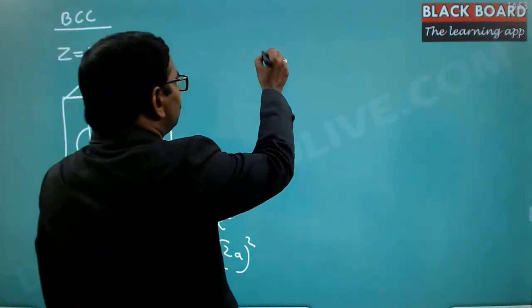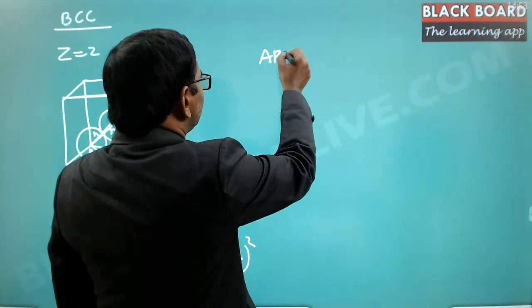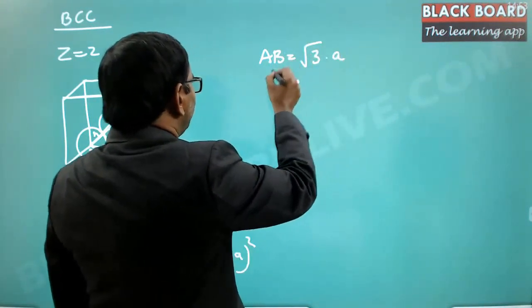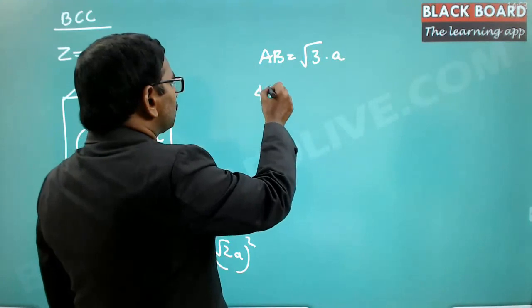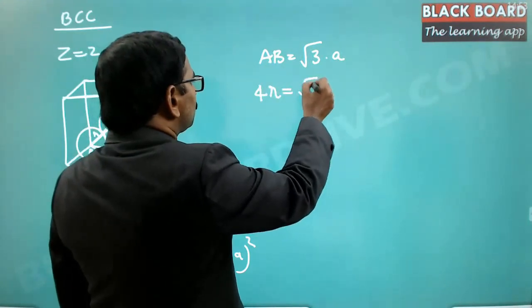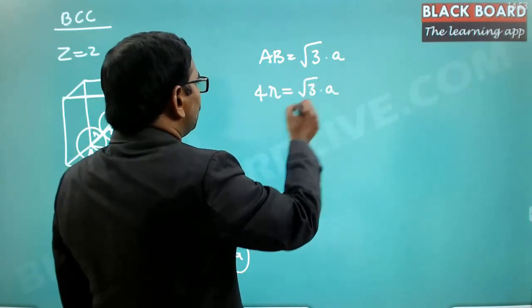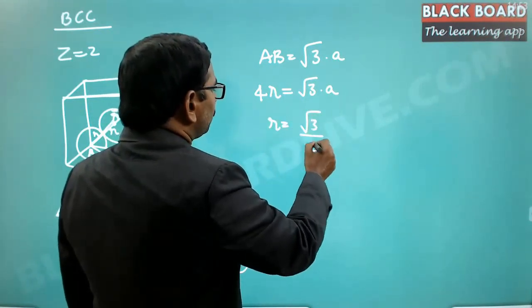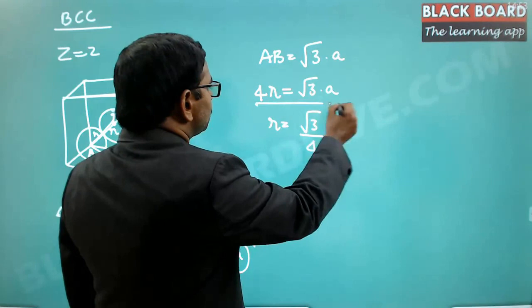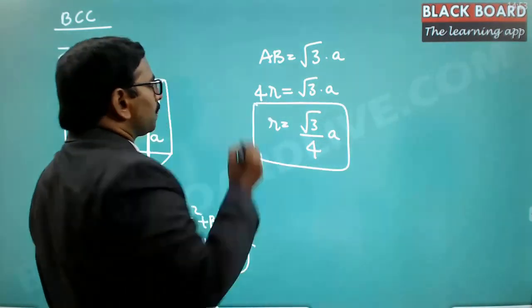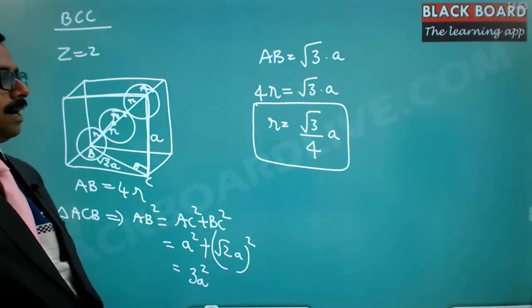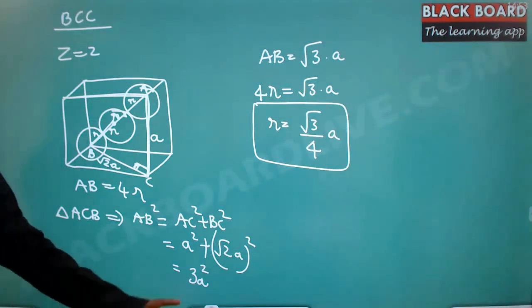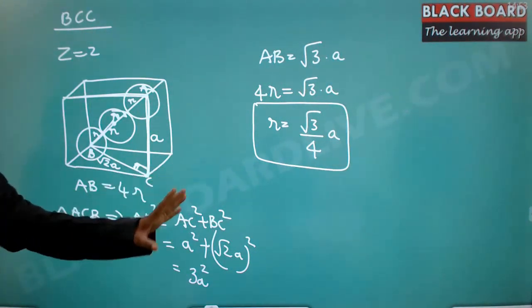Therefore, AB is equal to root 3 into A. AB consists of 4R, so 4R is equal to root 3 into A. R is equal to root 3 by 4 into A. This is the radius of the body-centered atom.